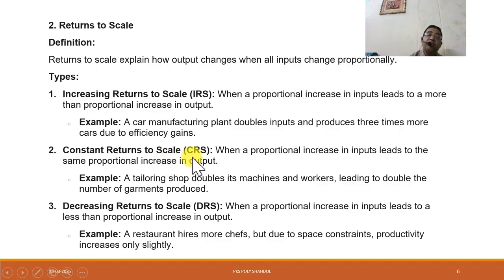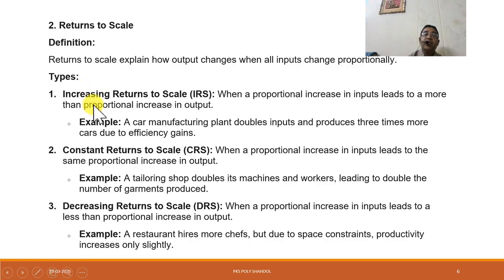And constant return to scale means when the proportional increase in input leads to the same proportional increase in output. Means if you increase input by 2 units, output will be increased only by 2 units.